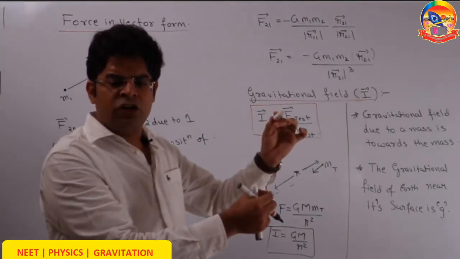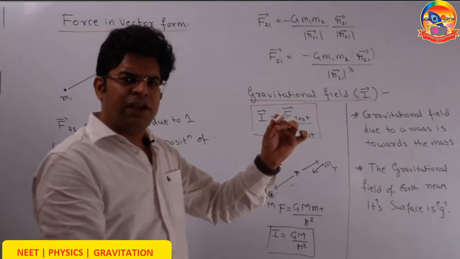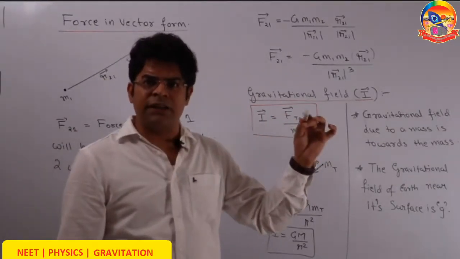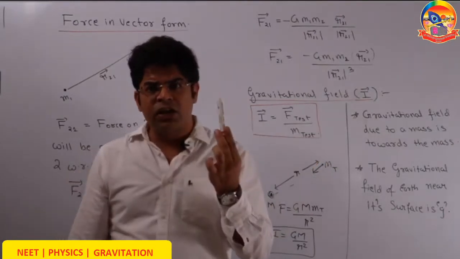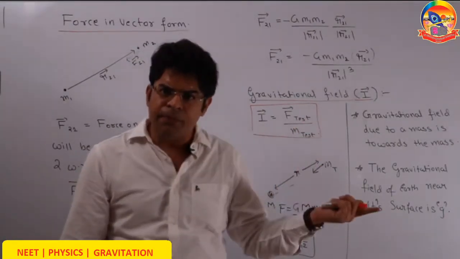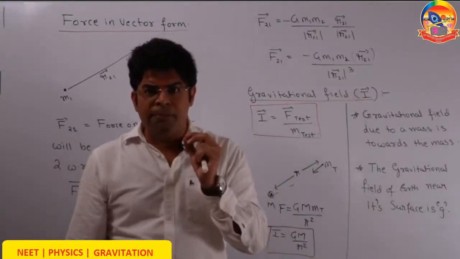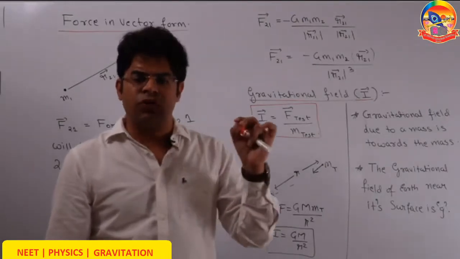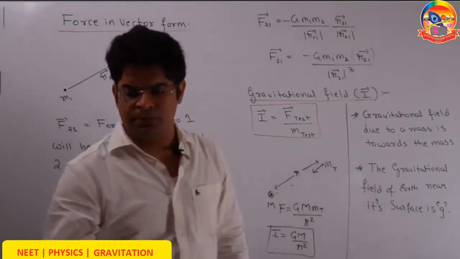The force acting on the mass per unit test mass will be the field. If the marker has a mass m, then the force acting on the marker is mg. And the force acting on the marker per unit mass of the marker is mg by m, that is g. So remember that the gravitational field due to Earth and acceleration due to gravity are synonyms.